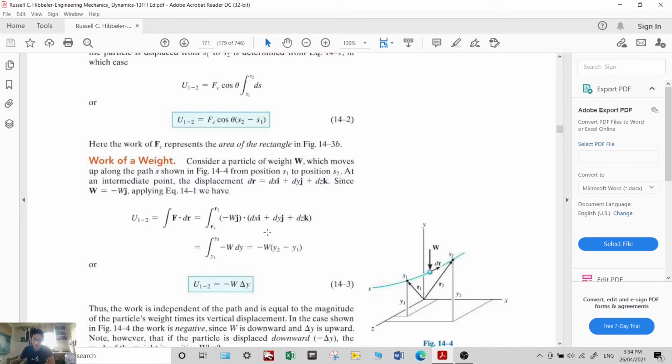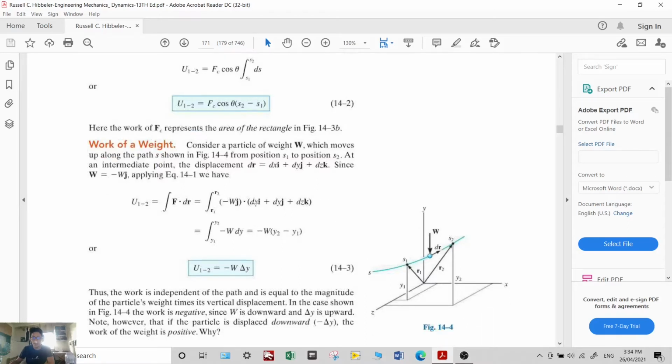So apply this equation. By the way, if you want to use the vectorial form, your work is just negative W j dot dr. What is dr? Your dr is dx i plus dy j plus dz k.